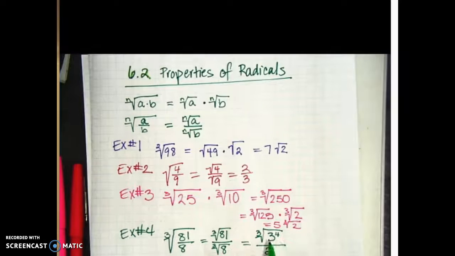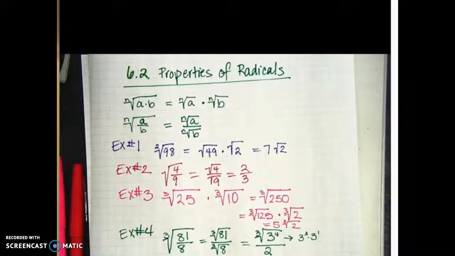Now, this numerator, is there a cube factor in here? Yes, because 3 to the 4th is really 3 to the 3rd times 3 to the 1st. It's both of them, right? So we can take the cube root of this, but we can't take the cube root of this. Does that make sense?